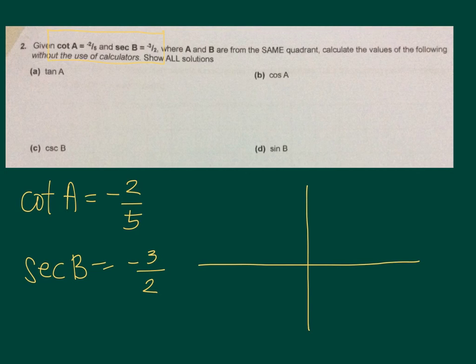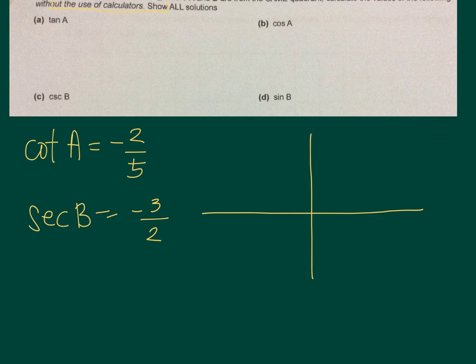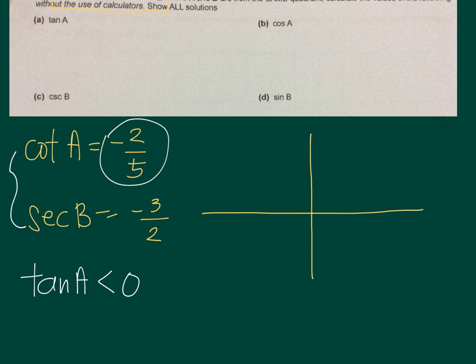Okay, so how do we identify that quadrant? Let's take it from these two pieces of information. If cotangent A is a negative number, that means that tangent A is also a negative number. If the secant B is a negative number, then cosine of B is also a negative number. So they're both less than 0.